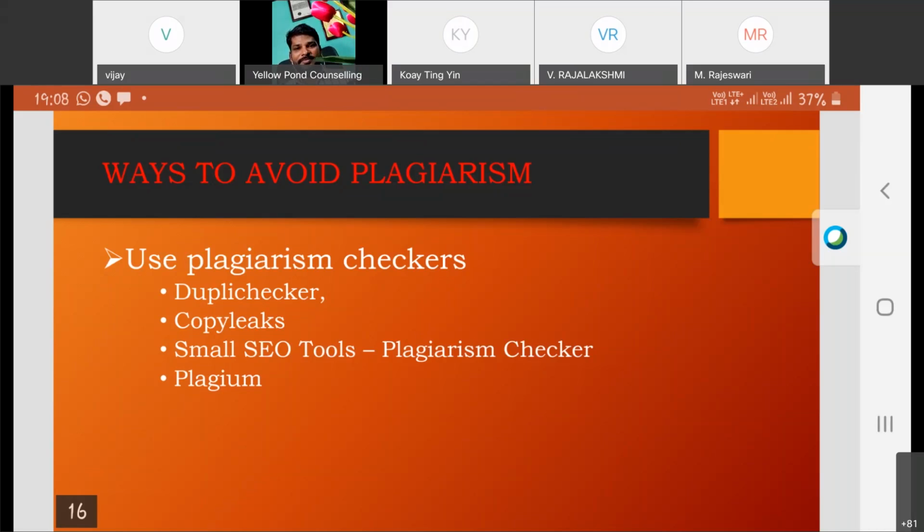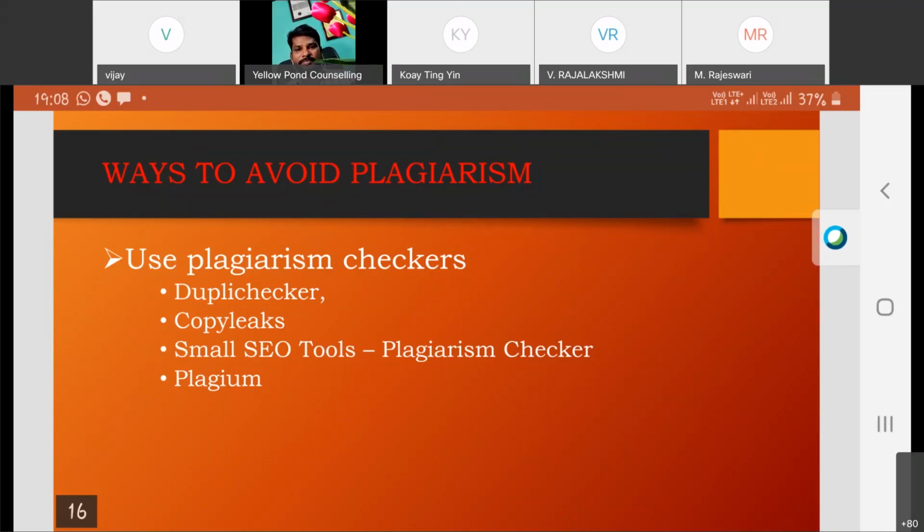It takes a minimum of 1,000 words, and we can easily get the result within 2 to 4 minutes. We can use it 5 times per day.